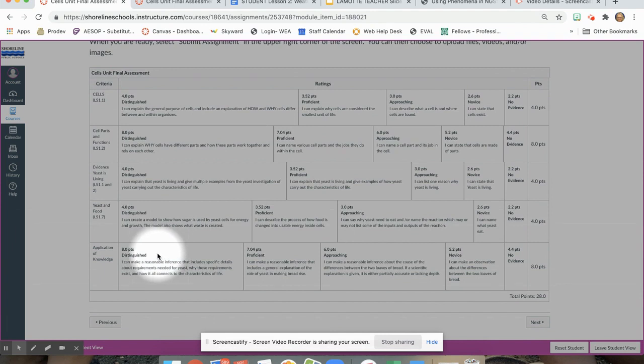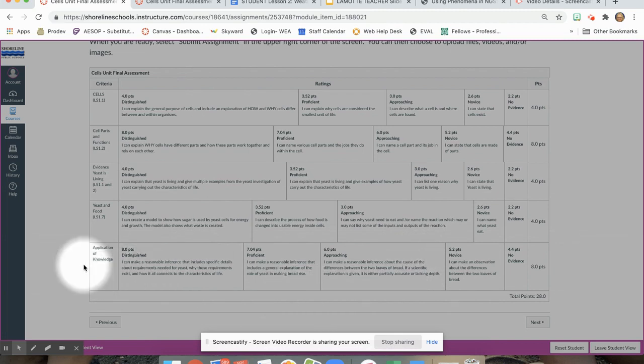So again, a distinguished is 100%, a proficient is 88%, approaching is 75%, and a novice is 65%. So even though the percentages stay the same, some of them are weighted more heavily.